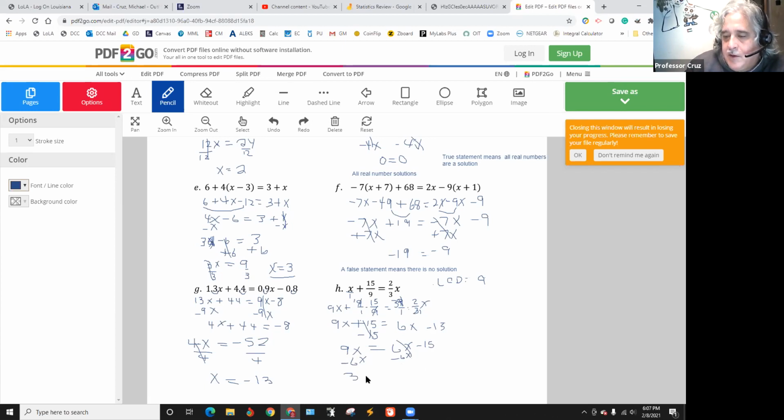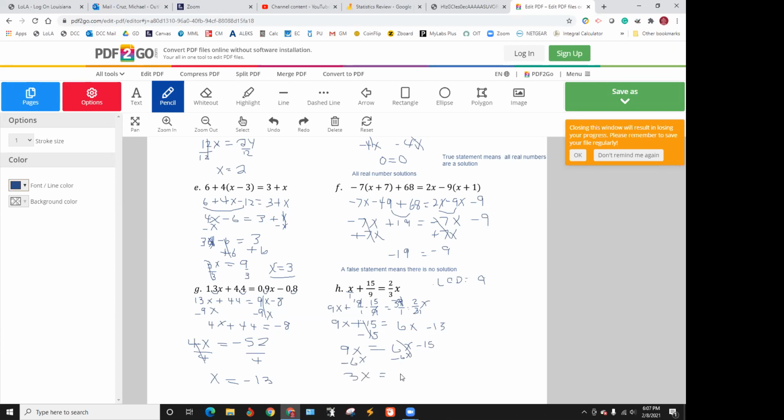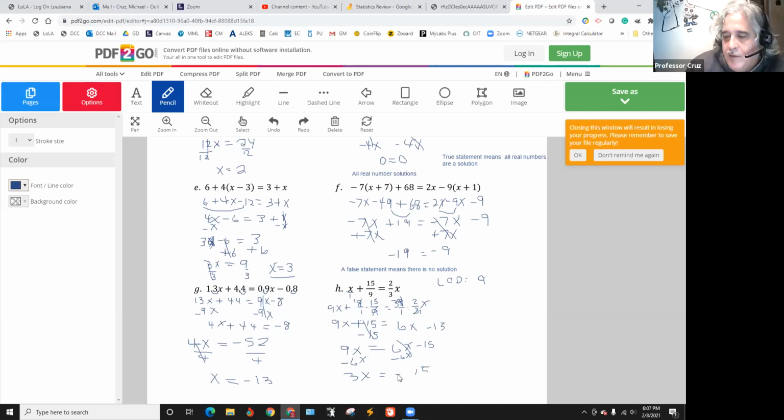So 3x is equal to negative... I also got negative 1. I don't think this is negative 1. I got negative 5. Yeah, it's negative 5.